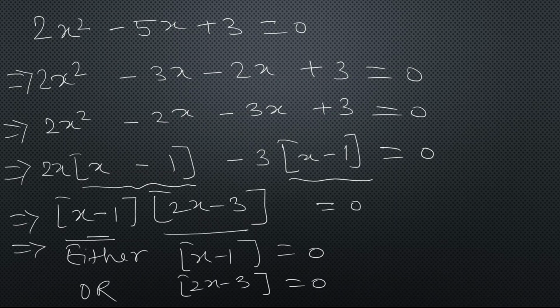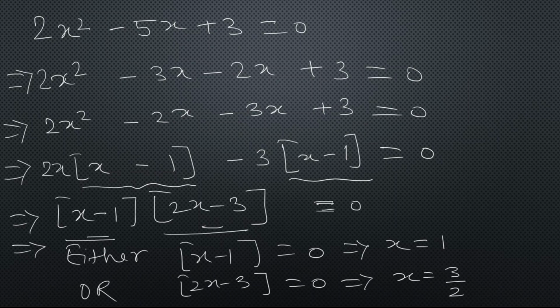Either this will be 0 or this will be 0, then only the product can be 0. So, we equate it like this, and in both cases we will find the value of x. So, what do we find here? X is equal to 1, and here, x is equal to 3 divided by 2, right?